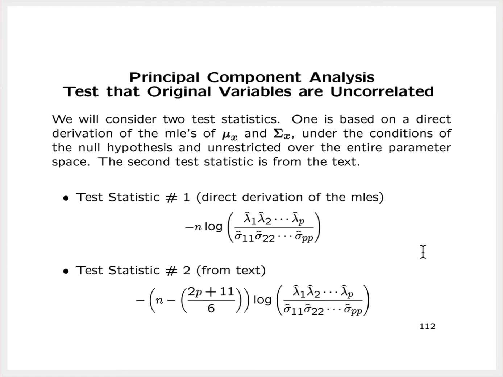Now, let me just point out, here we have lambda hats, lambda 1 hat, lambda 2 hat, and so forth, times lambda p hat. We have those same values down here. Again, this is where there might be some confusion because we were using lambda in this context for the likelihood ratio itself. But now these correspond to estimated characteristic roots.